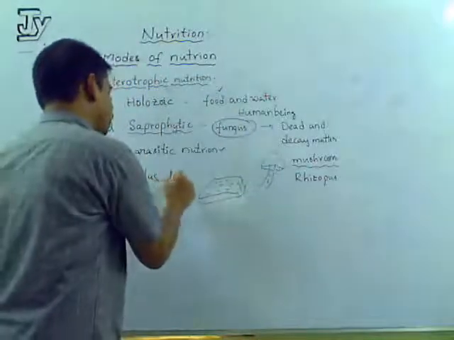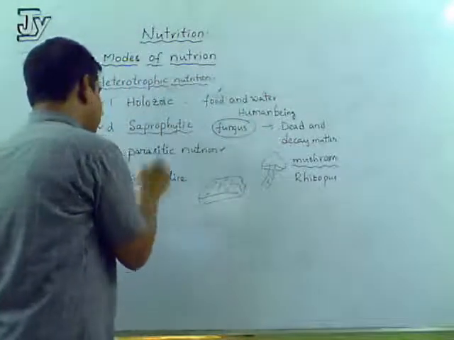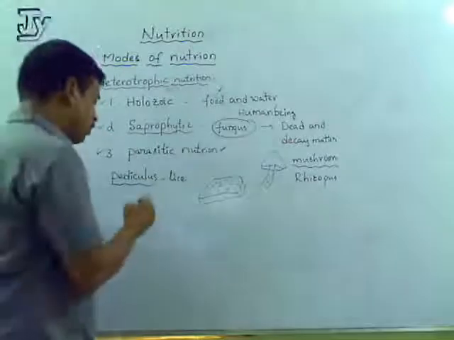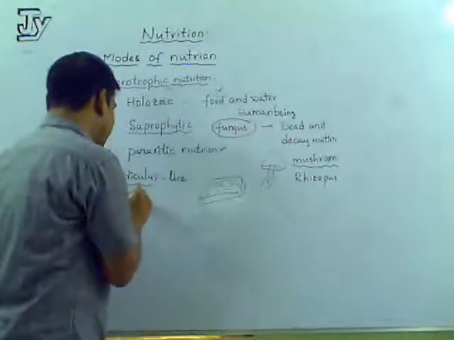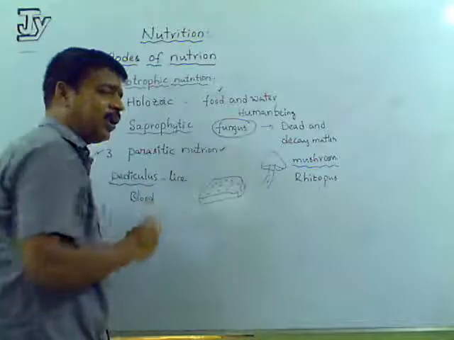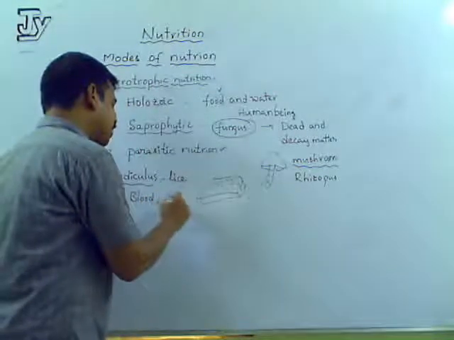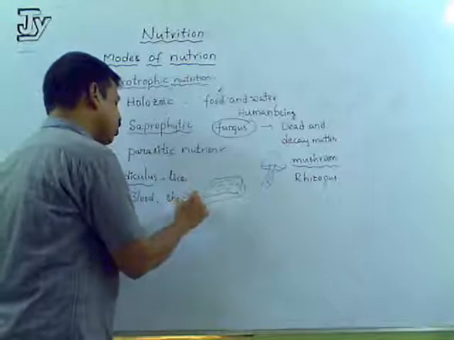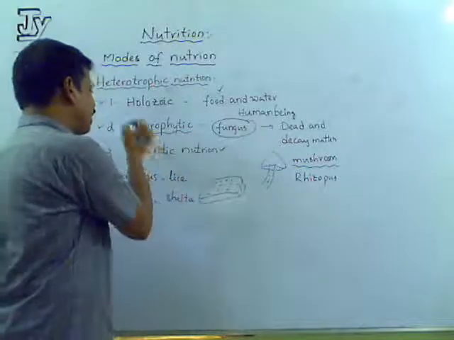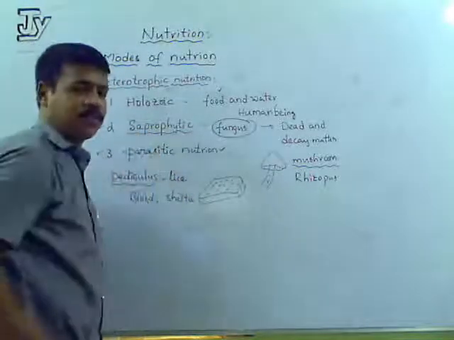It takes food material from our body, that means it sucks blood from our body, and it also takes shelter in our hair. So this type of nutrition is nothing but parasitic nutrition.